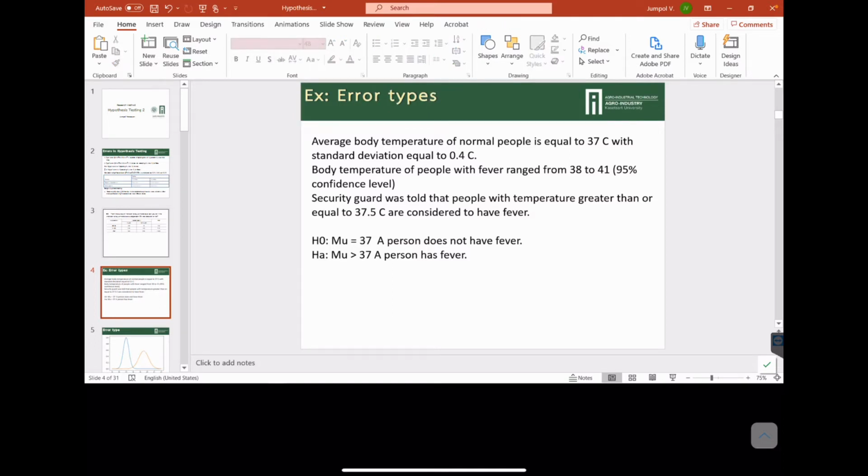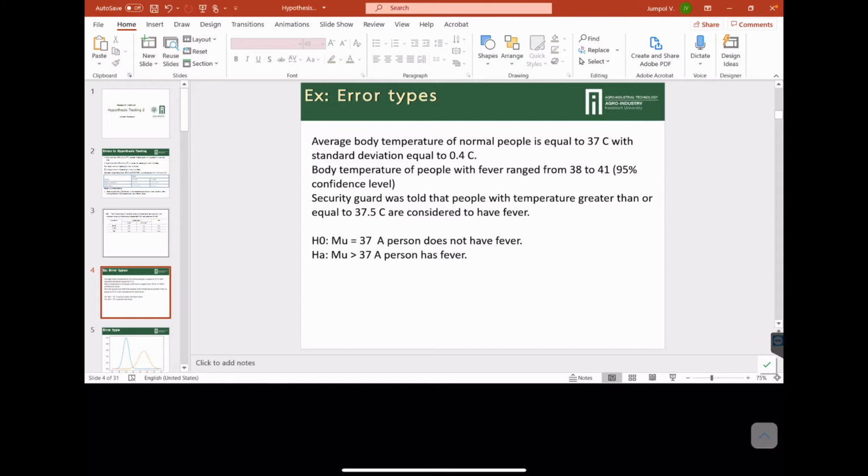If the average body temperature of normal people is equal to 37 degrees Celsius with the standard deviation equal to 0.4, and the body temperature of people with fever ranges from 38 to 41, this is with 95% confidence level.